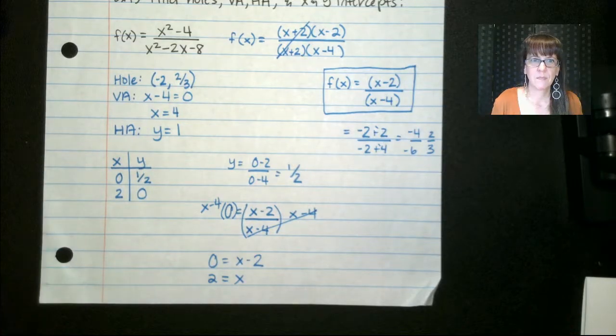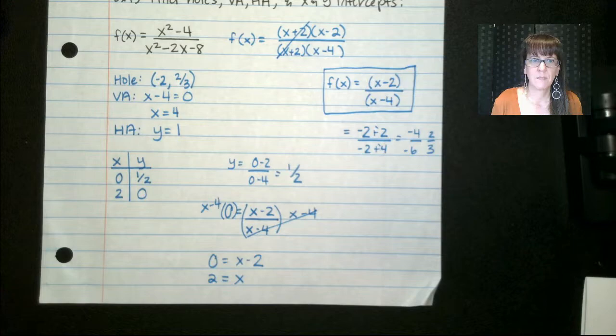Okay, so before we see this on Desmos, I wanted to show you what this looks like graphed by hand. We're going to take the information that we do have, which is that we have a hole at -2, 2/3. So 1, 2, and then up 2/3. So right about there, I'm going to put a hole. And then we know that we have a vertical asymptote at x equals 4.